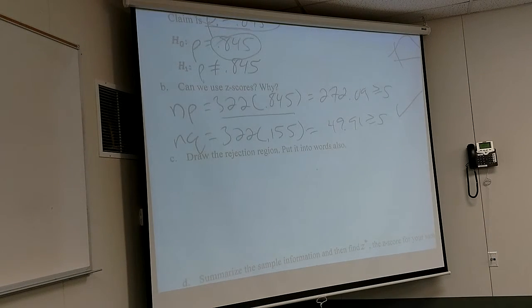And just to remind you guys a little bit, when I have an NPQ problem, I have walls. What's the smallest it could be is 0. You have nobody, right? And the biggest it could be is n. And n times p, what is that the formula for? That's the formula for the mean. And the mean should be close to the highest bar. It actually doesn't have to be the tallest bar, but it should be really close to it.